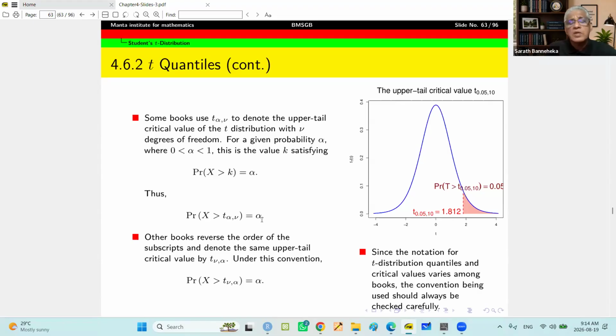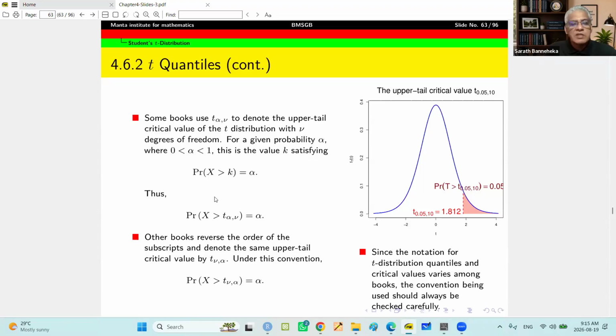And even in some books, some authors use the notation with the reverse order of these two numbers. In that case, some people write T nu alpha instead of T alpha nu, right? So you might see, when they're talking about these critical values, T alpha nu or T nu alpha, but the most common one is T alpha nu.